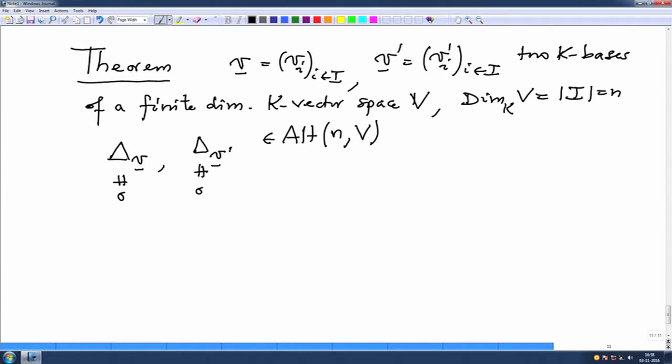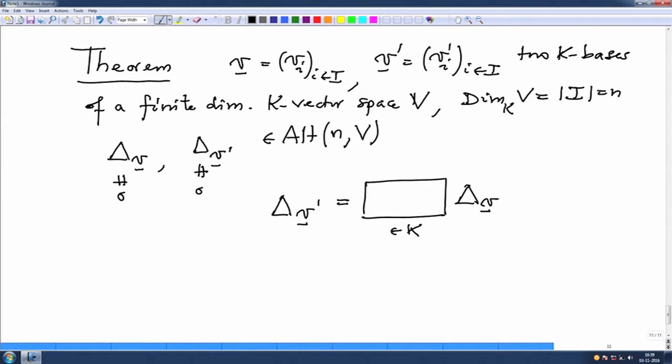So that scalar multiple I want to find. That is, I want to write delta V prime as some scalar multiple, which is somebody in K, that I will calculate, times delta V. That means this is a scalar multiple of this. So I want to find what is that scalar.